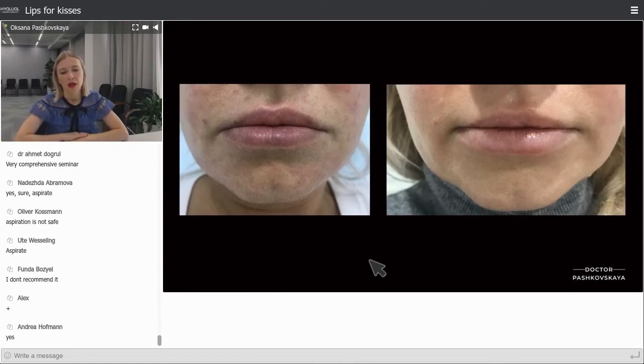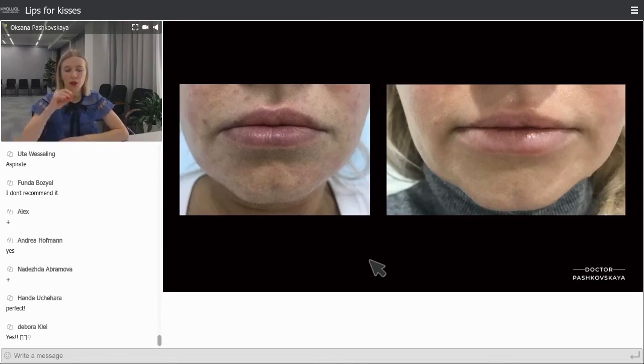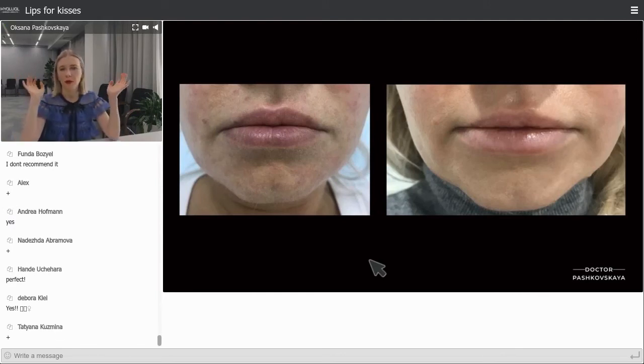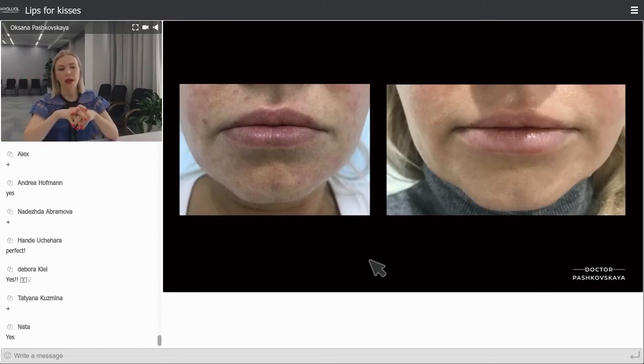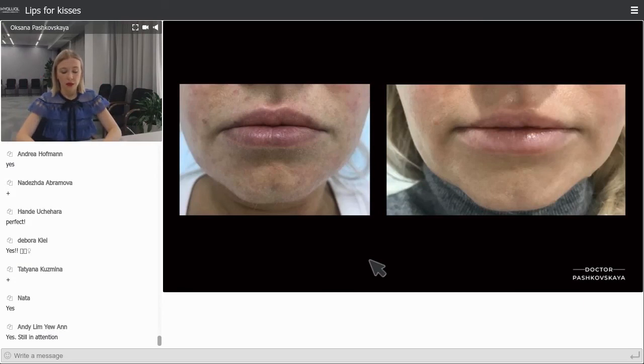Look, fibrosis. There is my patient. She got her lips done somewhere a few years ago, and she came to me with such lips. I just took a photo, and you see nothing changed with the size of her lips.